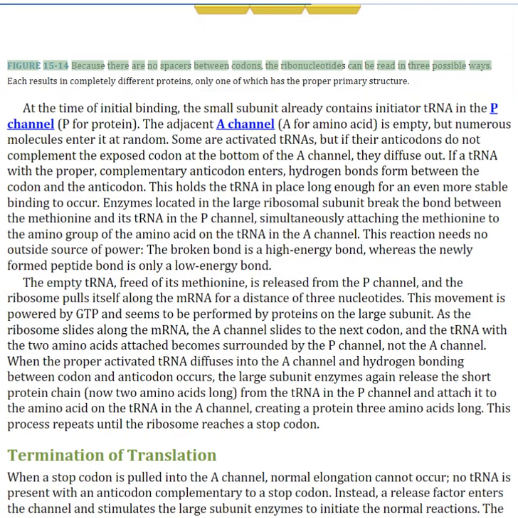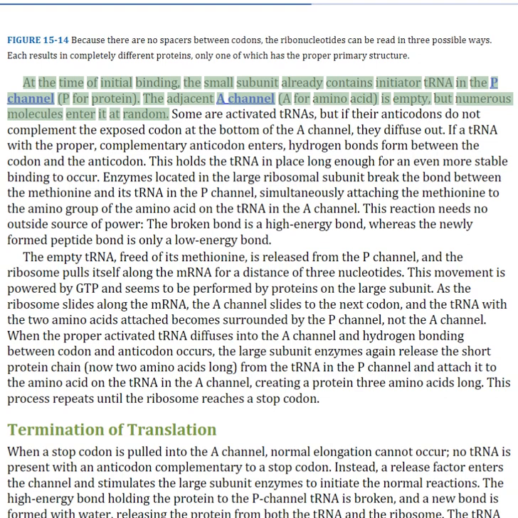Figure 15:14. Because there are no spacers between codons, the ribonucleotides can be read in three possible ways. Each results in completely different proteins, only one of which has the proper primary structure. At the time of initial binding, the small subunit already contains initiator tRNA in the P channel. The adjacent A channel is empty, but numerous molecules enter it at random.